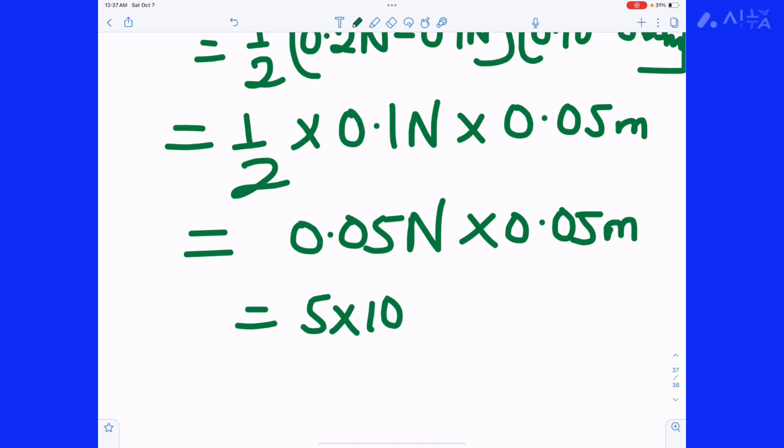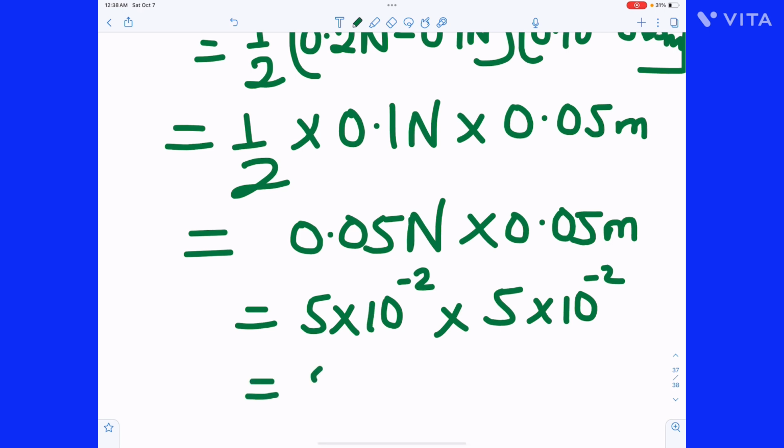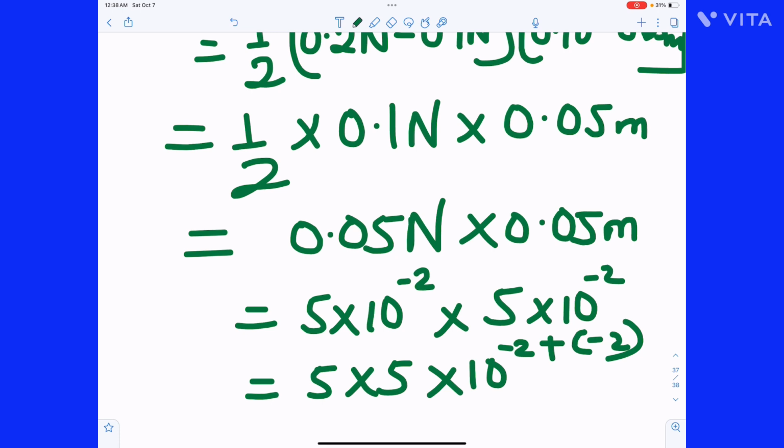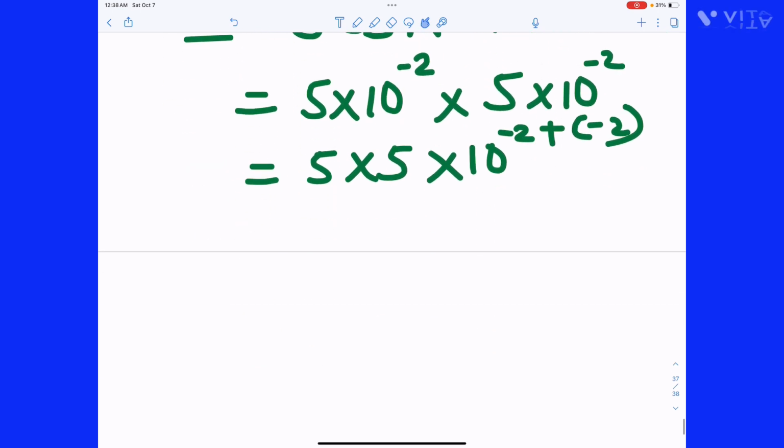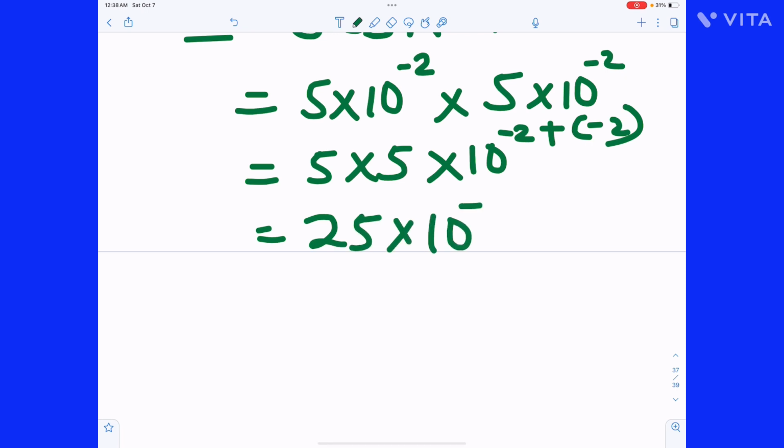That's 5 times 10 raised power minus 2 times 5 times 10 raised power minus 2. So 5 times 5, times 10 raised power minus 2 plus minus 2. I hope you get what I'm saying. That gives you 25 times 10 raised power minus 4, since the bracket means multiplication and minus 2 plus minus 2 gives minus 4.